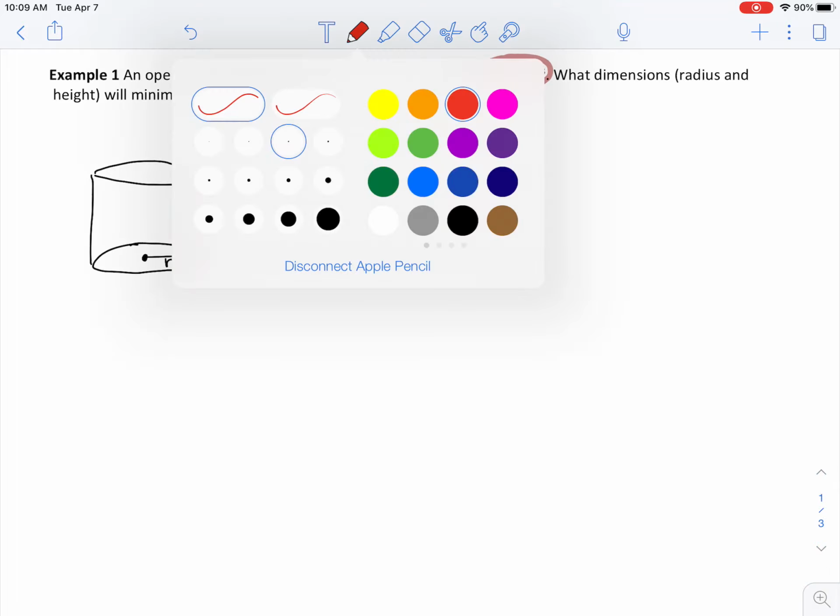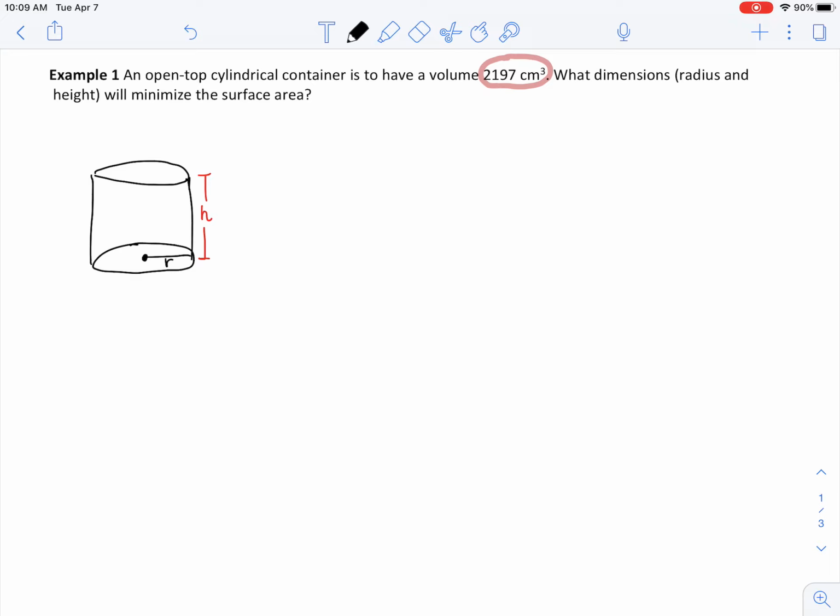So we know that we're trying to design a cylindrical container, but that has to have a volume of 2197. So let me write that down, because that has to be set. We have volume is equal to 2197 cubic centimeters.